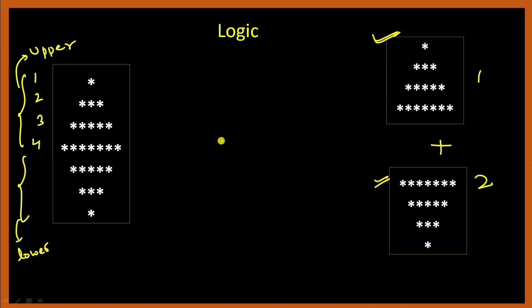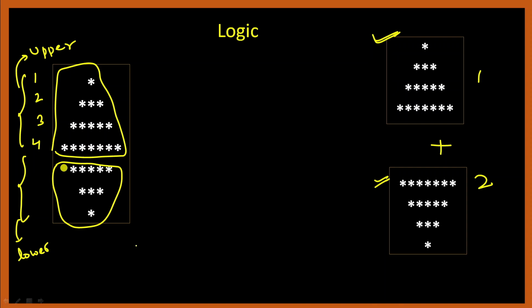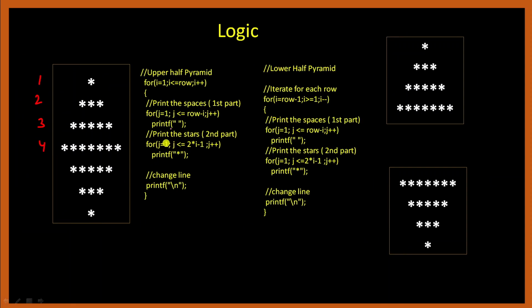So we will write the code for this part, and then the code for this part. The upper part is like this and the lower part is decreasing. For the first 4 rows this is the code, and for the next 3 rows this code will be executed.